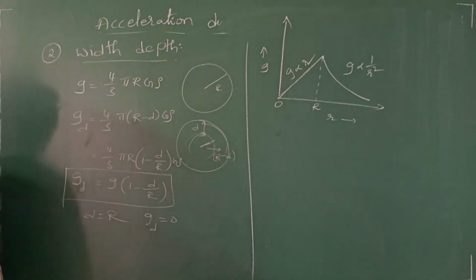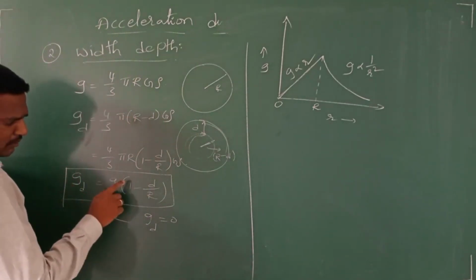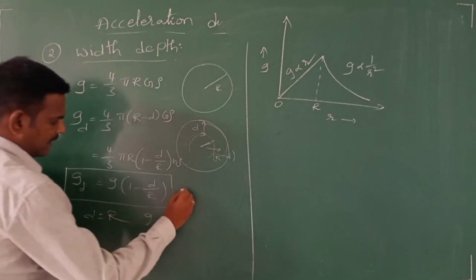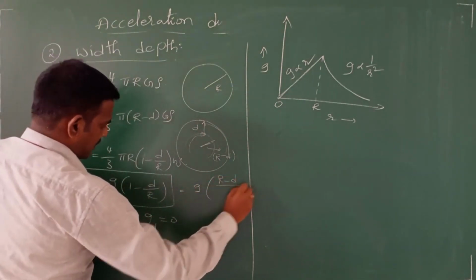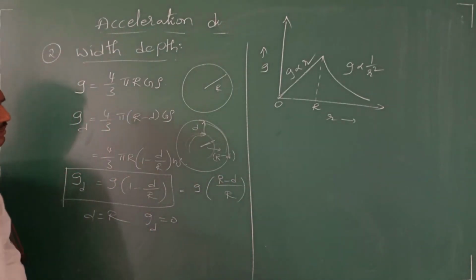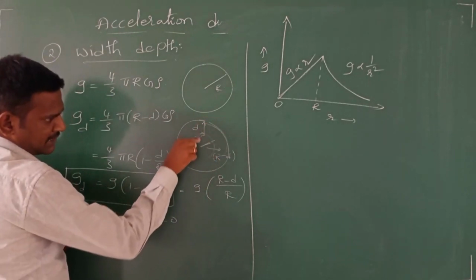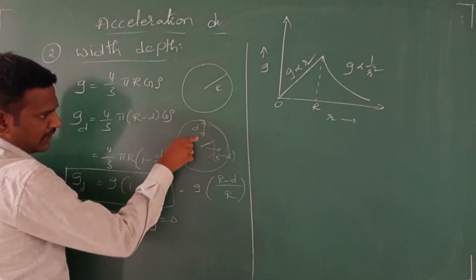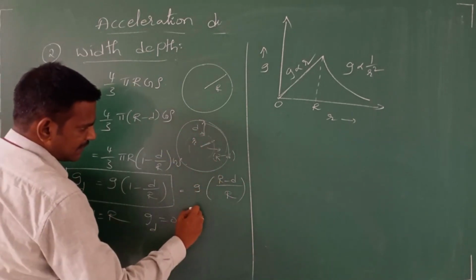That is a very simple logic. Here g_d equal to g times 1 minus d by R, we have written. Shall we write it like this: g times R minus d divided by R? Now you tell me, if this is the d, then this will be the R minus d. It is nothing but the distance from the center. That is what we call the distance from the center, so shall we write it as small r.